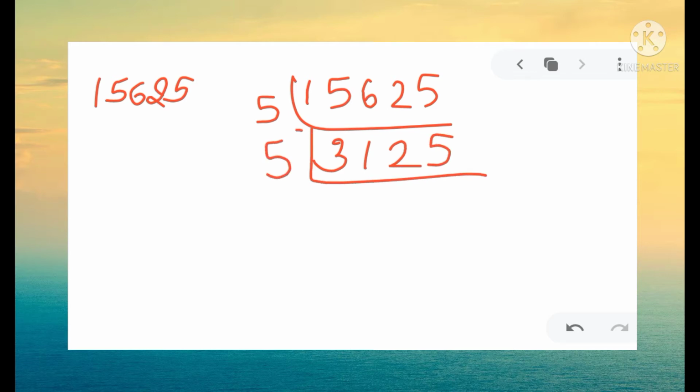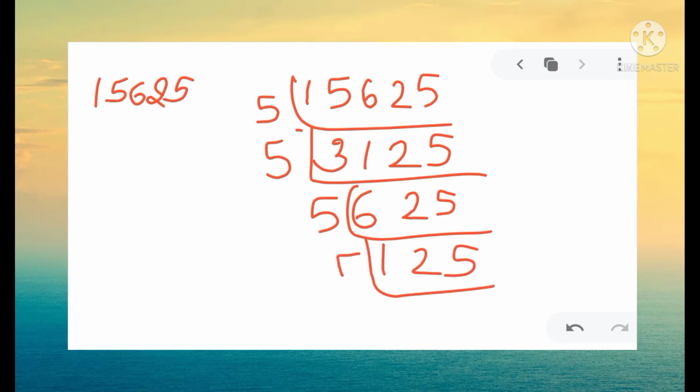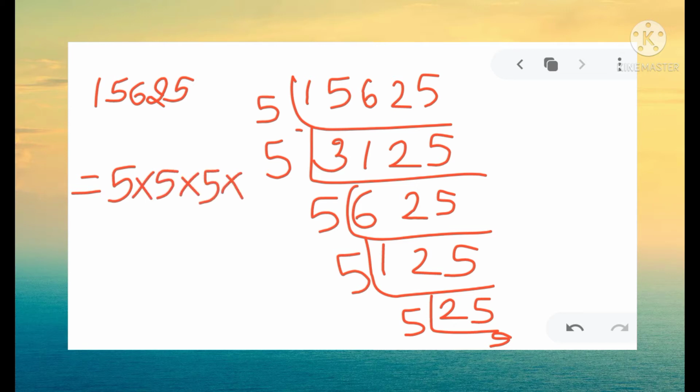Again divide by 5, 625. Again by 5, 125. Again by 5, 25. Again by 5, here we got 5. That means here we got 5 6 times. 5 into 5 into 5 into 5 into 5 into 5.